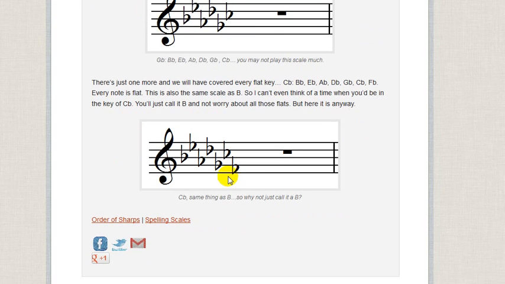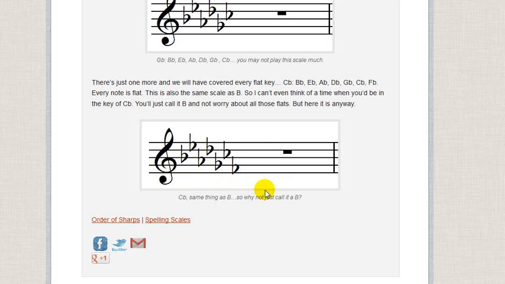And then lastly, very unlikely that you'll ever be in this, because really C flat is the same thing. It's the enharmonic equivalent of B, key of B, and why not just call it a B? But here it is anyway. B, E, A, D, G, C, F, and there you go. So C flat. And that's the order of flats.